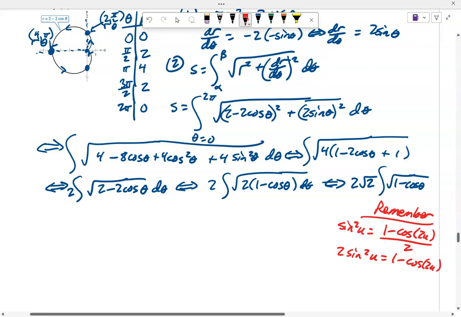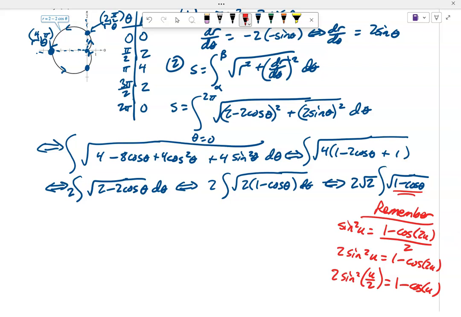If I take that u and divide it by 2, it's the same thing: 2 sine squared of u over 2 is 1 minus cosine of u. I do that because I see that right there. I'm going to replace that with 2 sine squared of theta over 2.